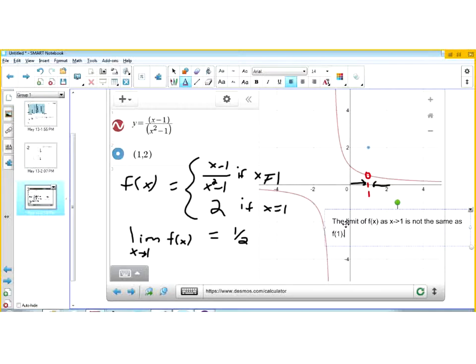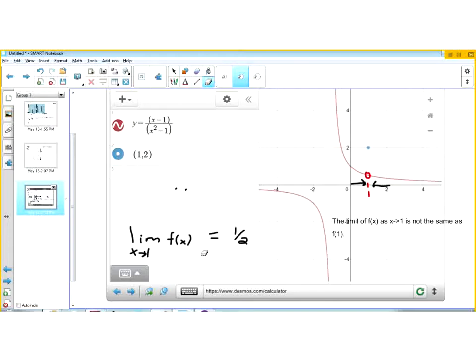The limit is 1/2, but f of 1 is 2. So a rather peculiar case shows up here. Okay. So there's one example. Let me pin this. Let's do some more examples, because there are all kinds of unique circumstances that tell us how to deal with limits.